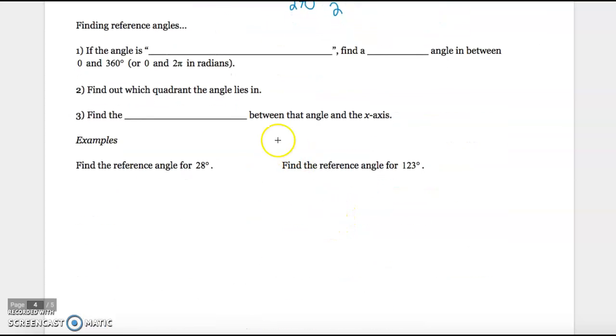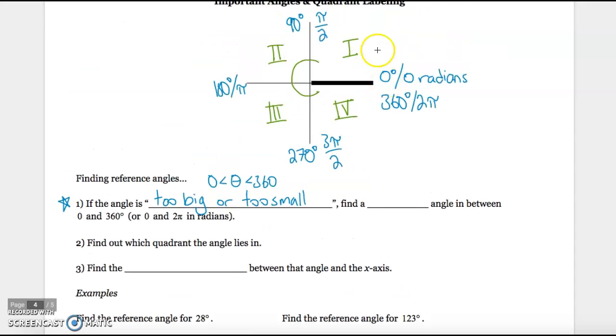So for finding reference angles, there's basically 3 steps you have to do, and the first one you only have to do sometimes. If the angle is what we would consider too big or too small, that is, it doesn't fit between 0 and 360, because our normal quadrants go from 0 to 360.